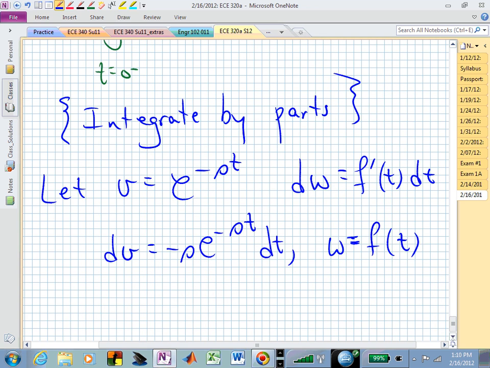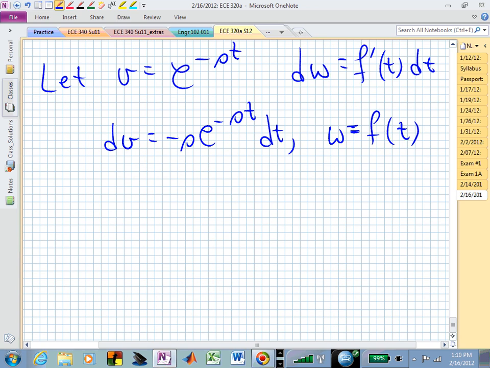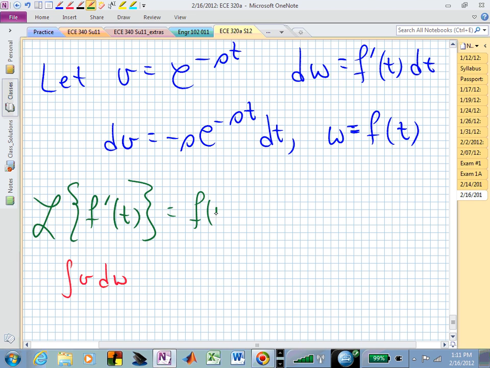We want to now say that the Laplace transform of f prime of t, which in terms of what we have is this integral of v dw, that's now going to be equal to w, which is f of t, v e to the minus st, evaluated at t equals 0 minus and infinity.